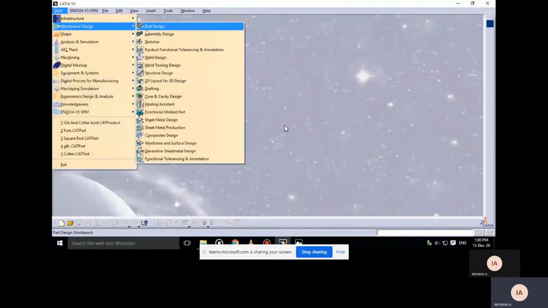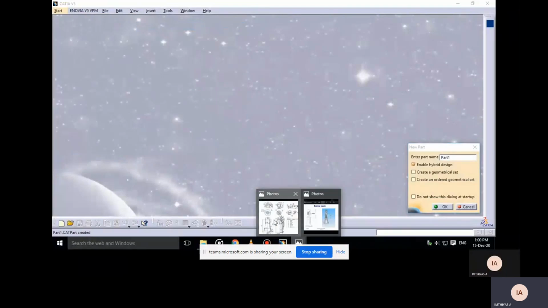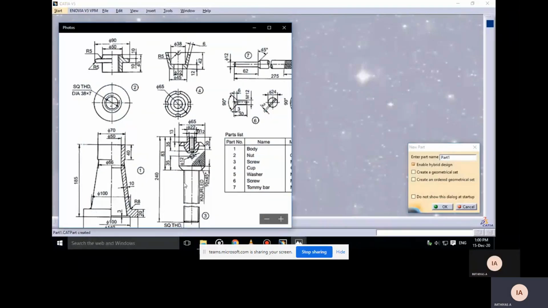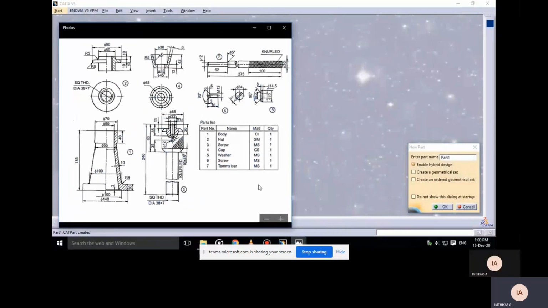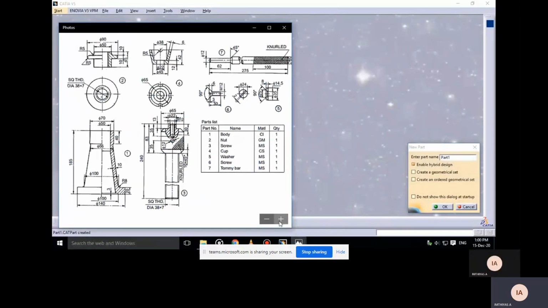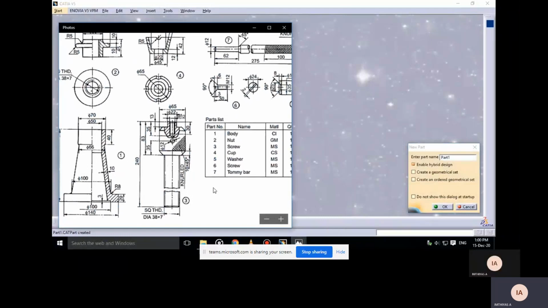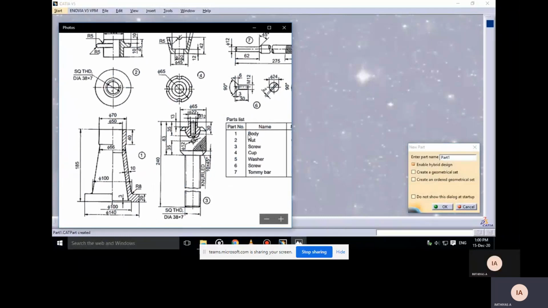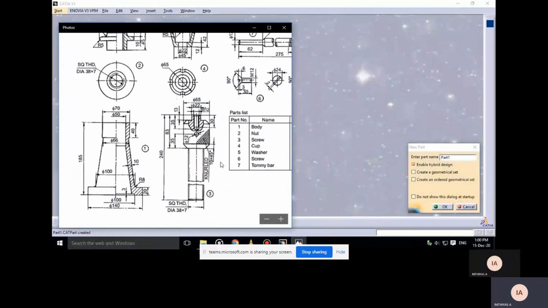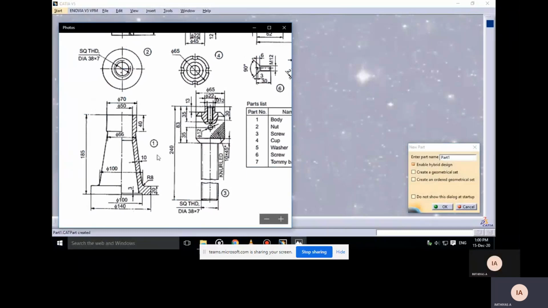So we will start with the mechanical design along with the part design, and we will start one by one. There are 2 screws, a body, a nut, a washer, and a tommy bar.